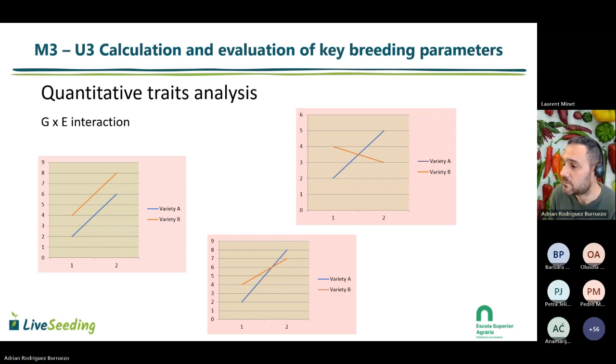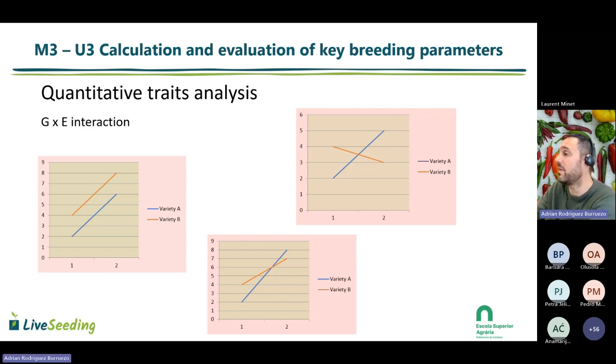In this case, we could say that there is an environmental effect. Changing from environment 1 to environment 2 clearly increases yield in the two varieties, at the same level. In such a case, there is no genotype by environment interaction.